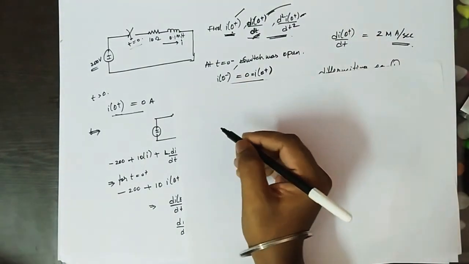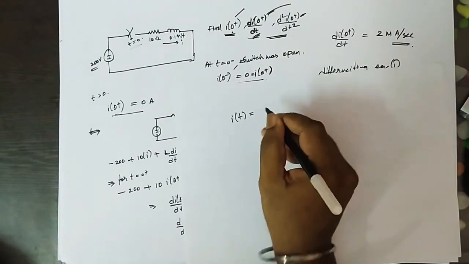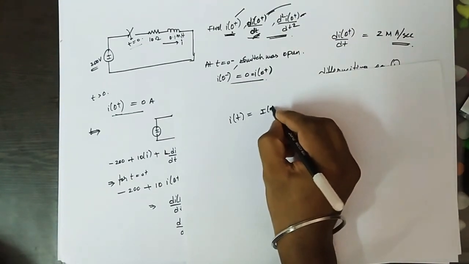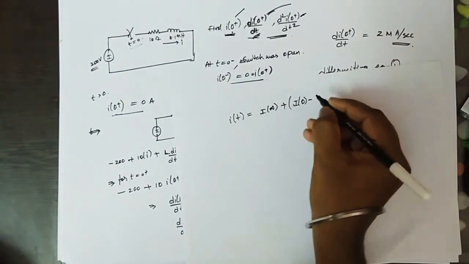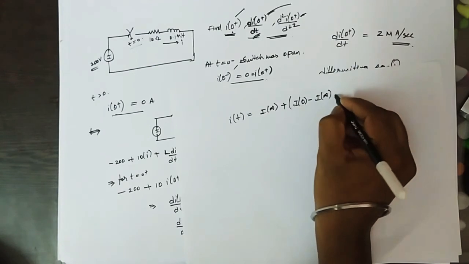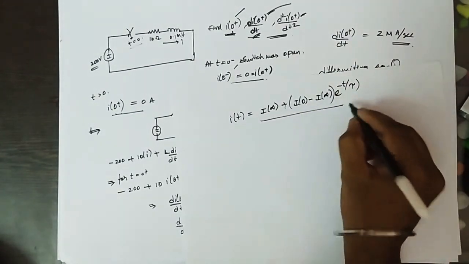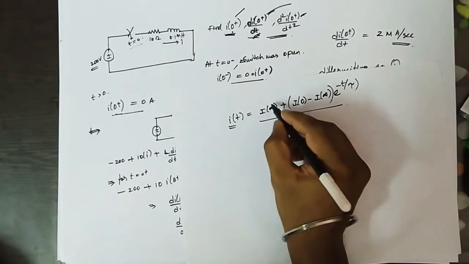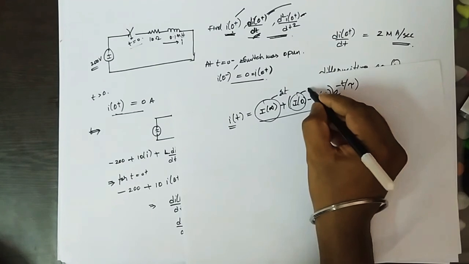Now for the same circuit, if you want to find the expression of current i, we know that i of t equals i of infinity plus i of 0 minus i of infinity, times e power minus t by tau. This is the known equation. i of infinity means steady state value, i of 0 means initial value.